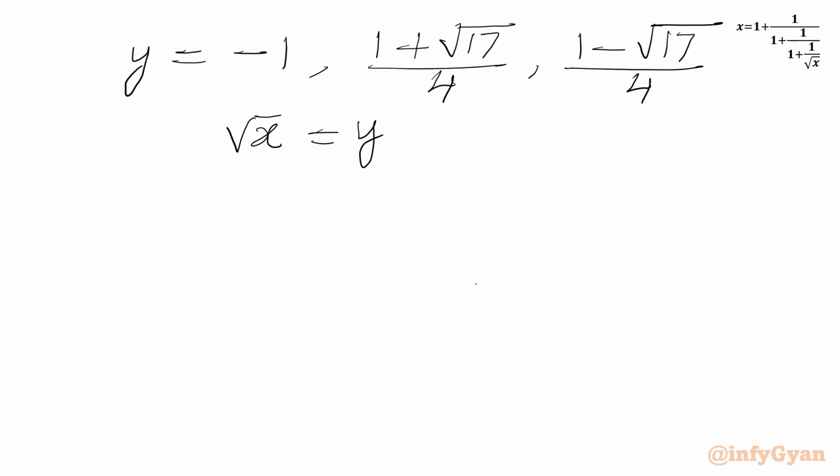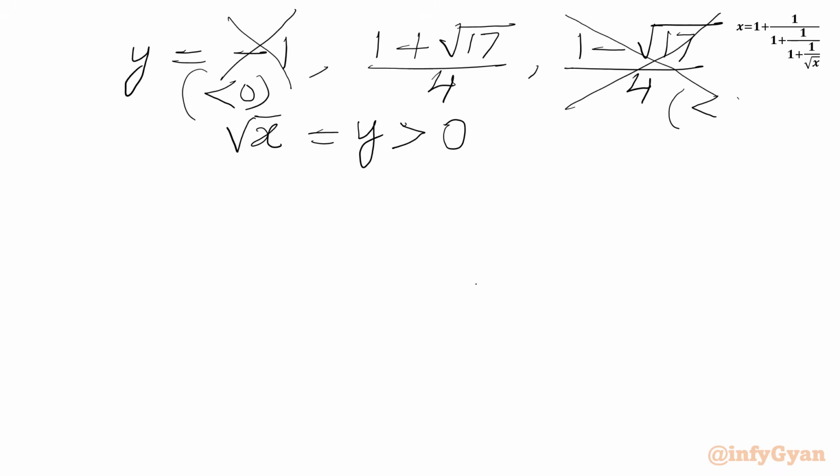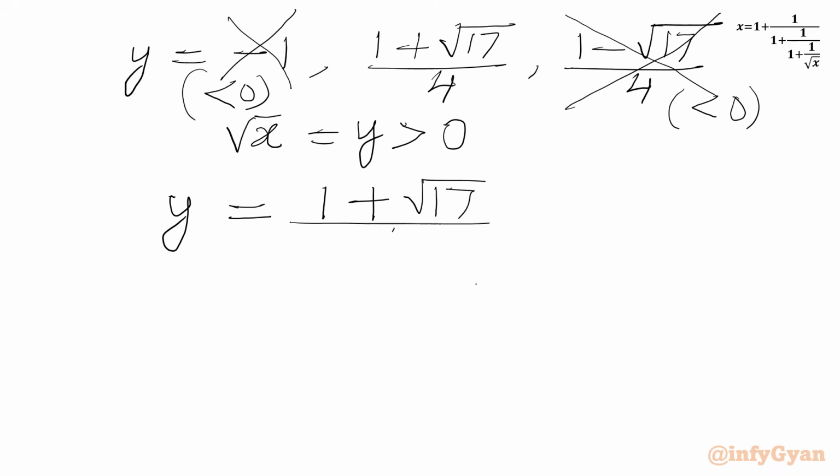For x to be real, y must be positive, since square root x must be positive. So I will reject these two solutions as they are negative. Here also this is negative, so we reject it. The y value we accept is 1 plus square root 17 over 4, and this is equal to square root x.